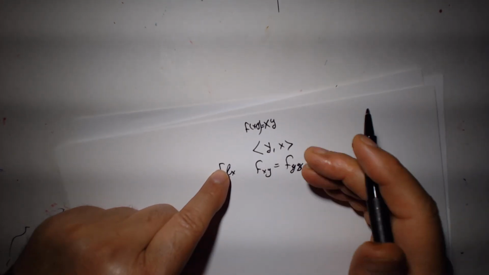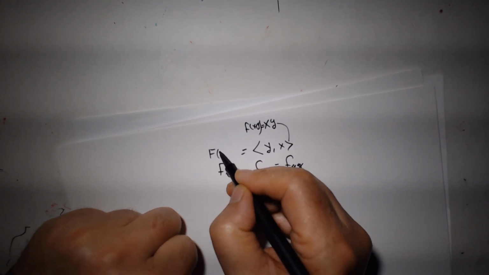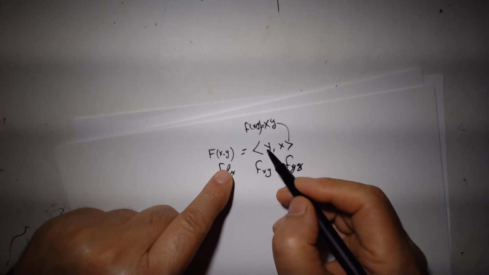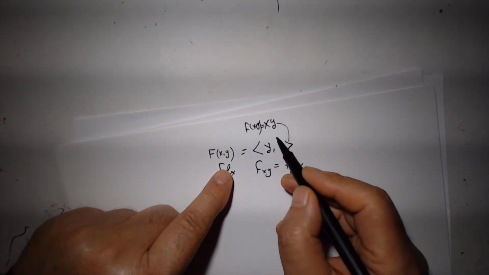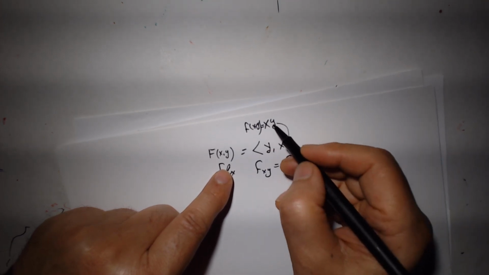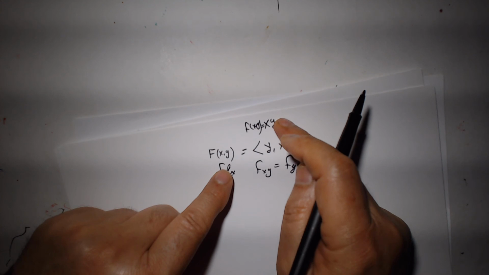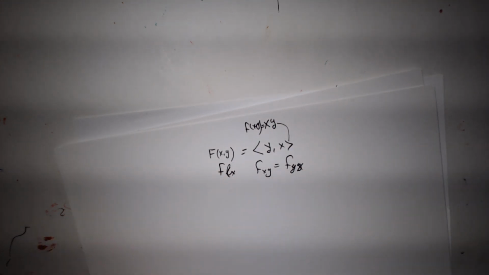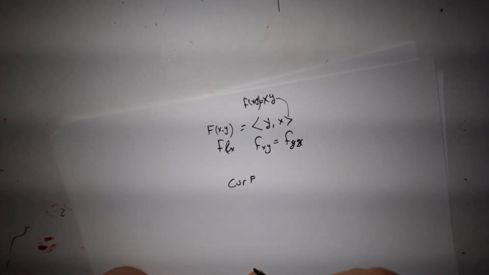If it has a potential function, then the gradient could become a vector field. But if the vector field cannot be tied to a potential function, that's not a gradient. If it can be tied to a potential, that's called conservative. And what is the curl of the conservative field?